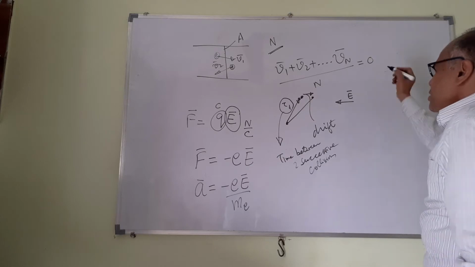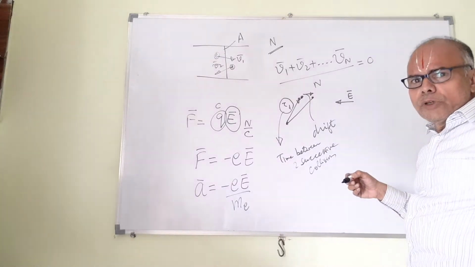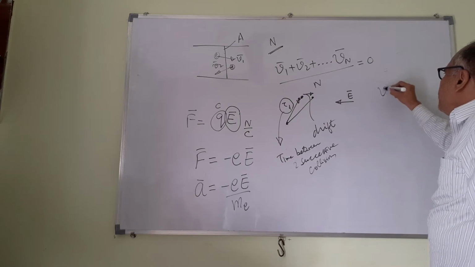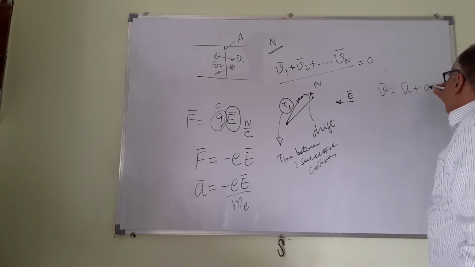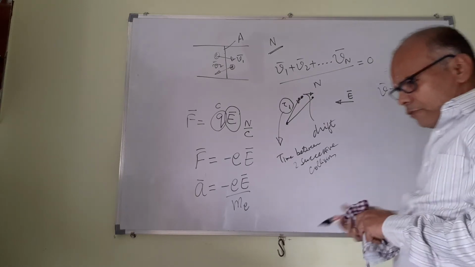Now, what is the velocity? If you use motion in one dimension, you have learned v is equal to u plus at. You know this equation which we have.